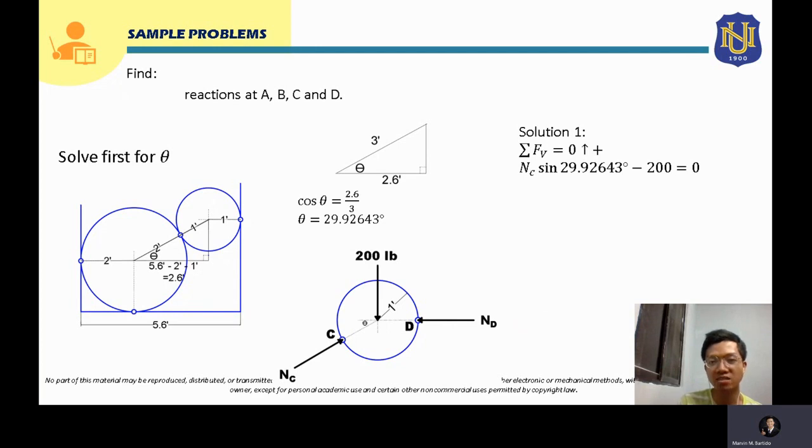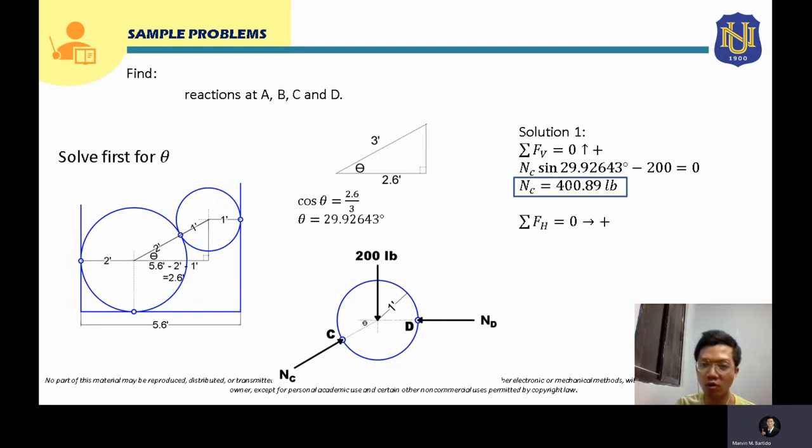N sub C's vertical component is N sub C sine 29.92643 degrees, and your 200-pound force is already vertical and downward, so it will be negative 200 here. It's equal to 0. Solving for N sub C, that will just be 200 over sine 29.92643 degrees, which gives you 400.89 pounds. So this will now be the reaction at point C.